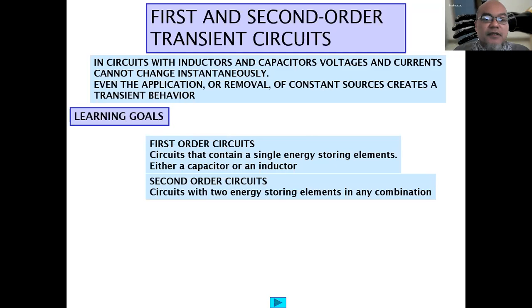Then we will also learn about second order circuits in the third session of next week, or the week after next if we cannot finish it by next week. In the second order circuit, the circuit contains two energy storing elements in any combination. It could be RLC, RCC, RLL, etc.